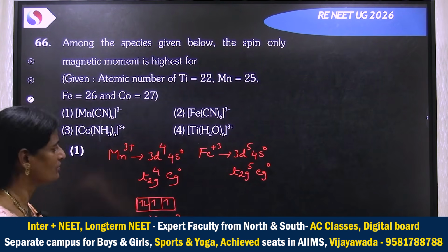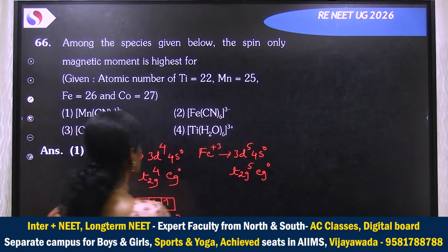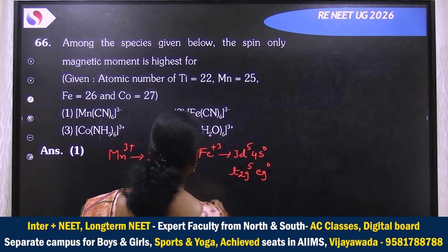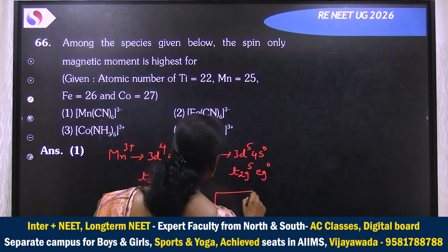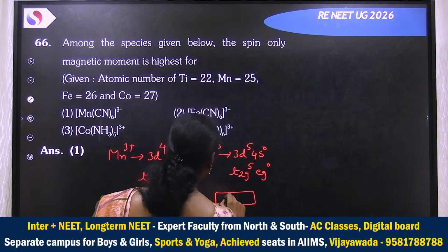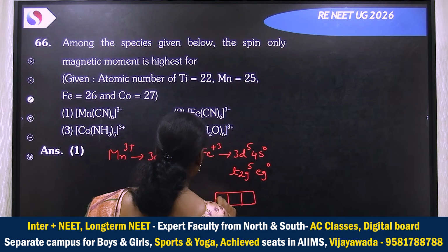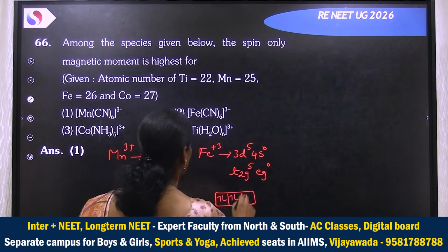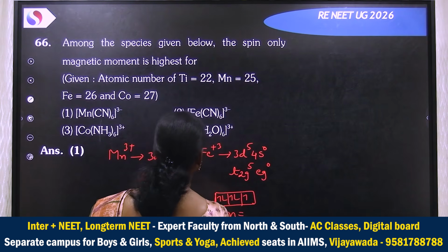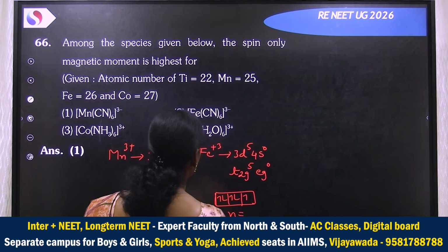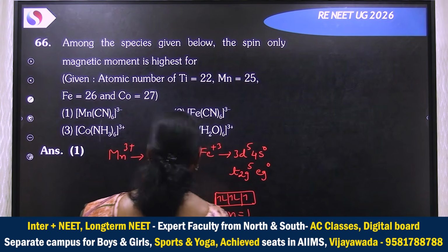All 5 electrons enter the t2g orbitals only. So how many unpaired electrons now? 1, 2, 3, 4, 5 electrons, only one unpaired electron. n equals 1.